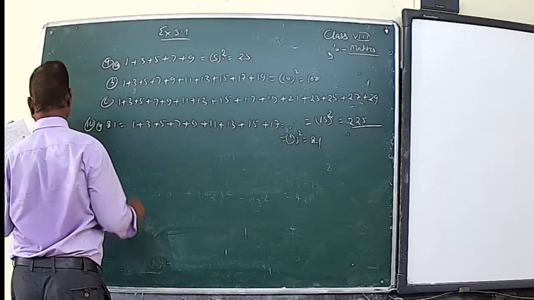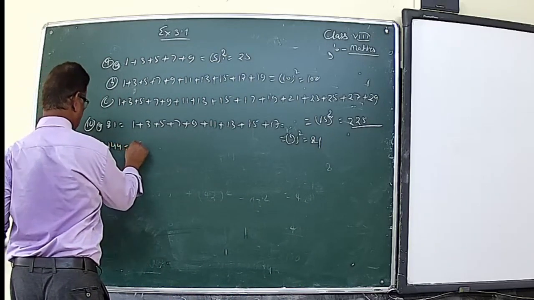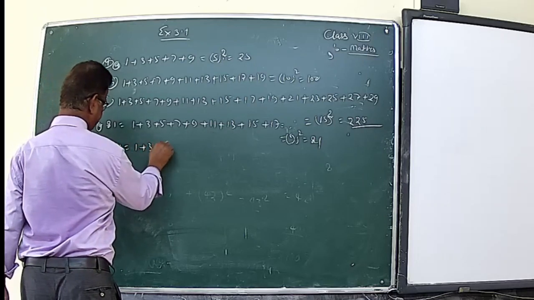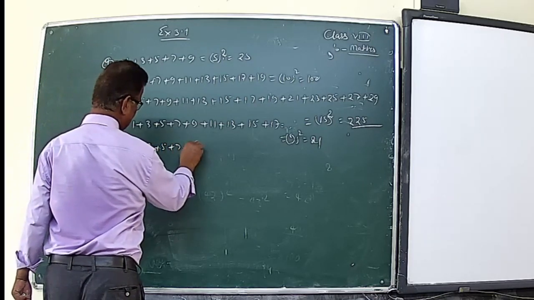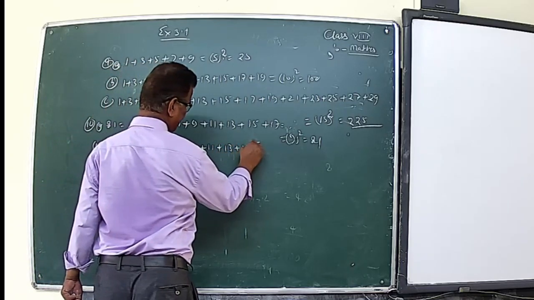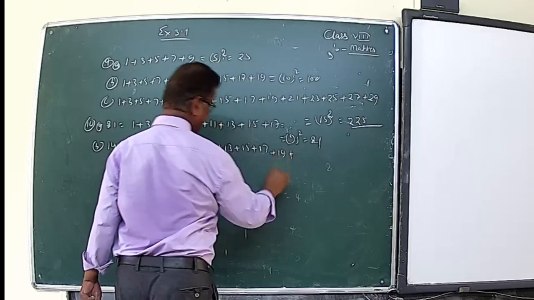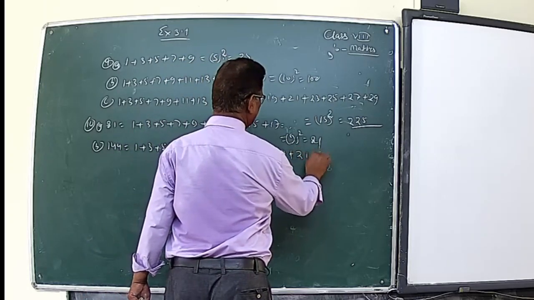Similarly, we can write part B also. 144 is equal to 1 plus 3 plus 5 plus 7 plus 9 plus 11 plus 13 plus 15 plus 17 plus 19 plus 21 plus 23.